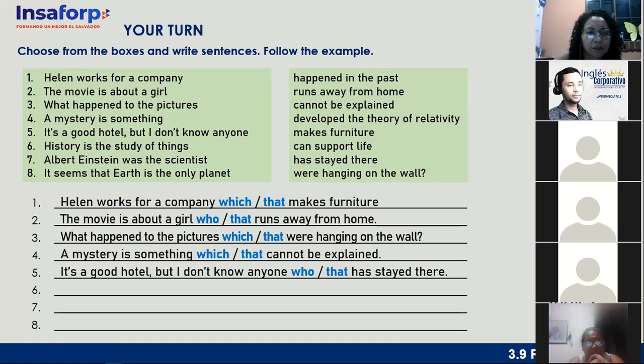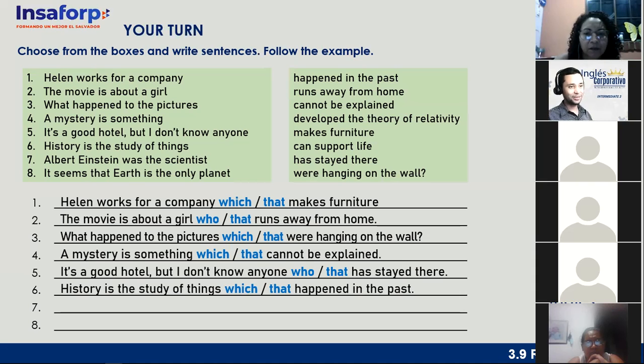History is the study of things which that happened in the past. Correct. History is the study of things which or that happened in the past. Thank you, Nady.